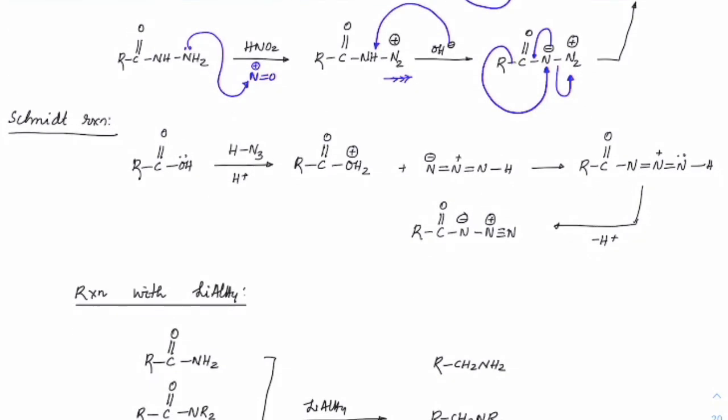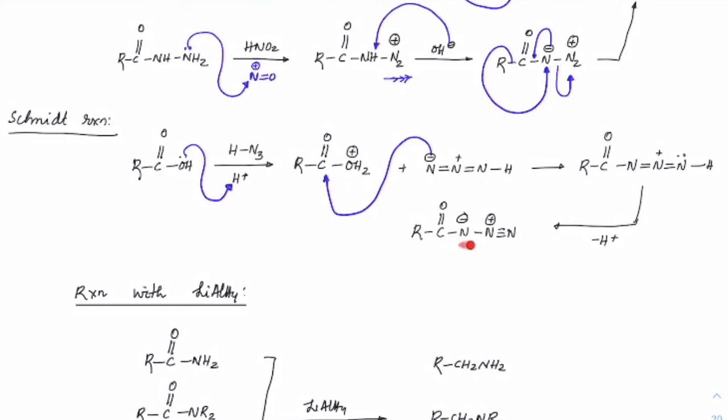Last, the Schmidt reaction. In the Schmidt reaction, you can see RC double bond O OH, the acid, will get protonated first, H plus. OH2 has now become a leaving group, on which the azide will attack. I mean hydrazoic acid will attack. From the lone pair it has, that will attack on this, and OH2 will be removed.